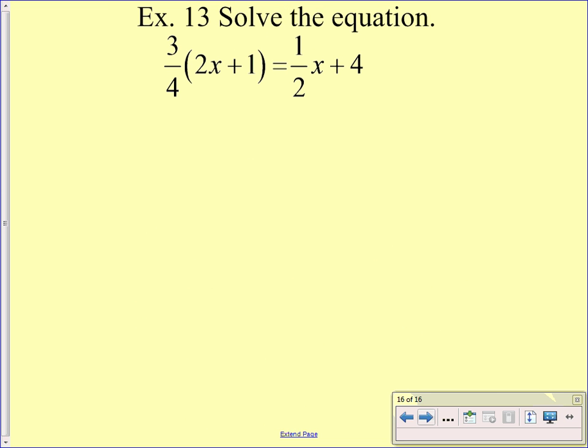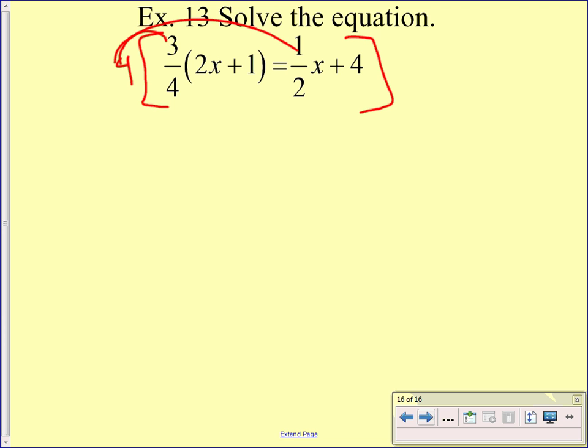In this last example, example 13, we have a combination of both parentheses and fractions. We still want to clear the fraction by finding the least common multiple of those denominators. And in this case, it's 4. On the left-hand side, I only multiply the 4 by the 3/4.